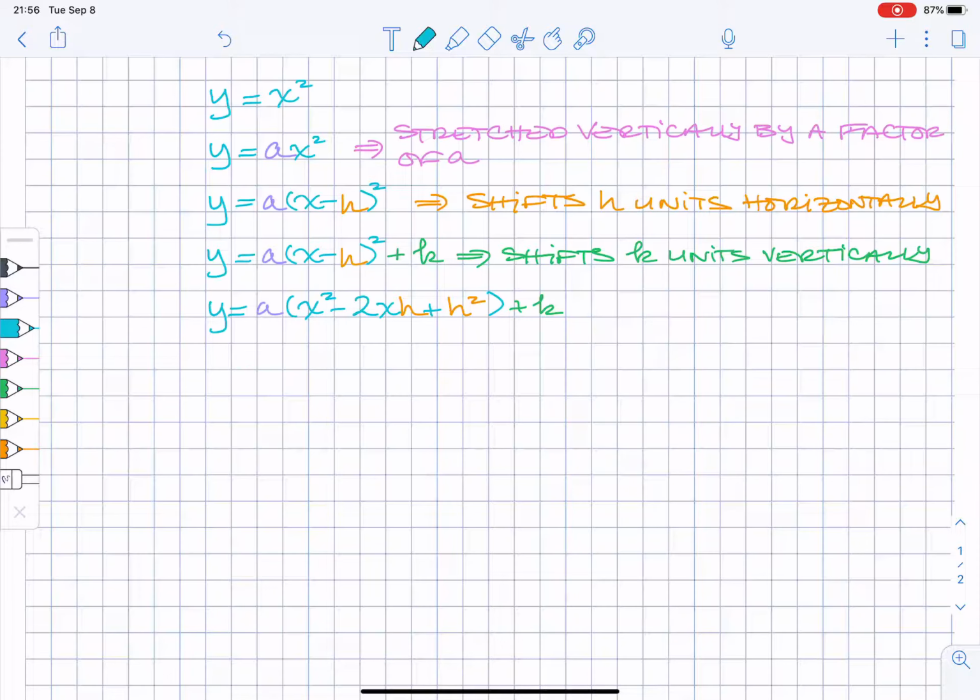So this is going to be a x squared minus 2axh plus ah squared plus k.